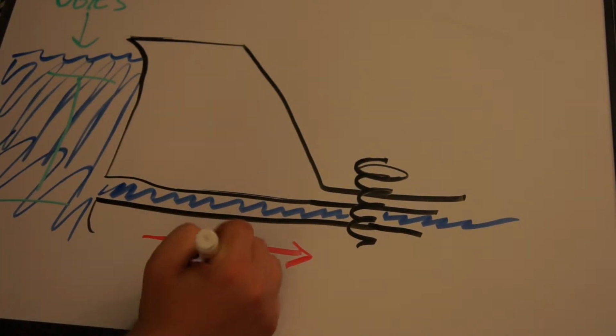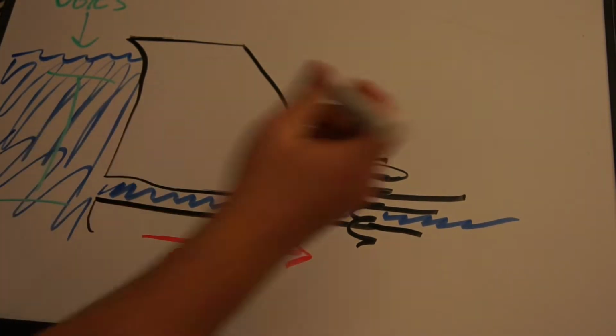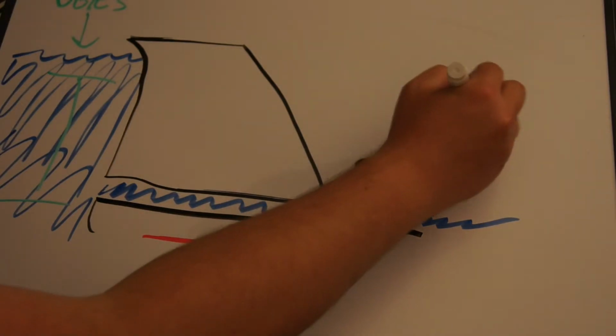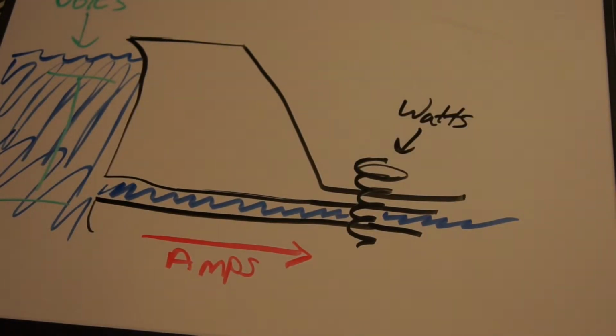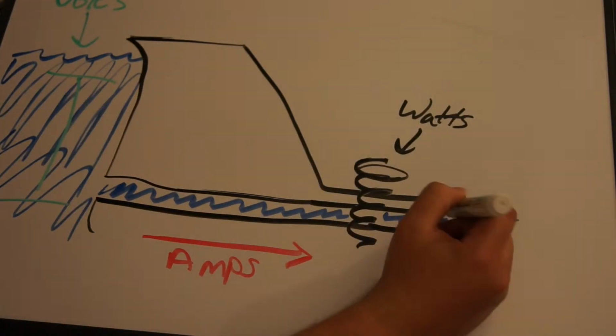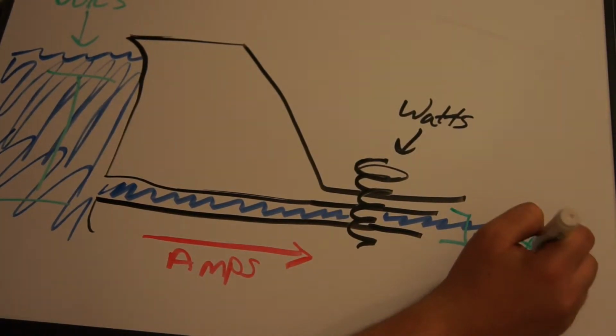The corkscrew there represents watts. The faster the turbine spins, in this case, the more watts the water can produce.